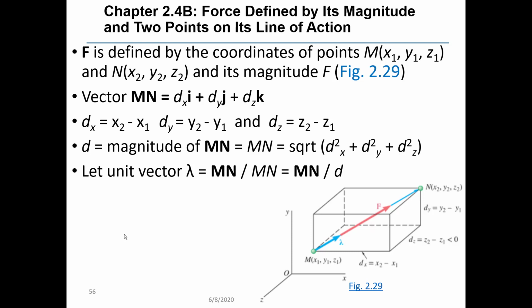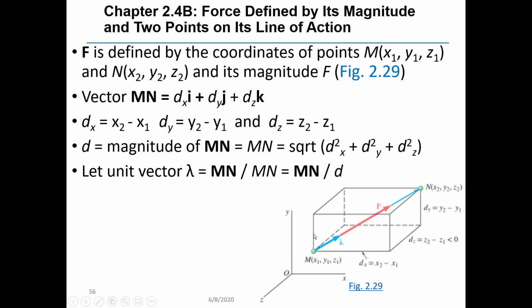In figure 2.29, force F is defined by a magnitude of F and the fact that it connects points M, which has coordinates x1, y1, and z1, and point N, which has coordinates x2, y2, and z2.